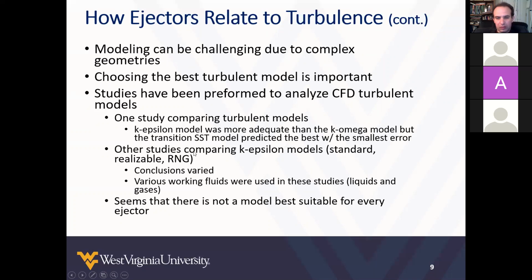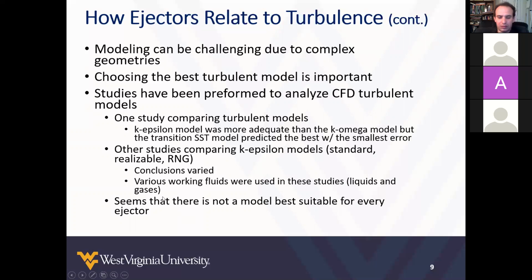There didn't seem to be one specific model that worked best. It's worth noting that all of those studies used different working fluids. For an ejector, you can use liquid or gas as the working fluid, many different things, like refrigerant for the refrigeration cycle.